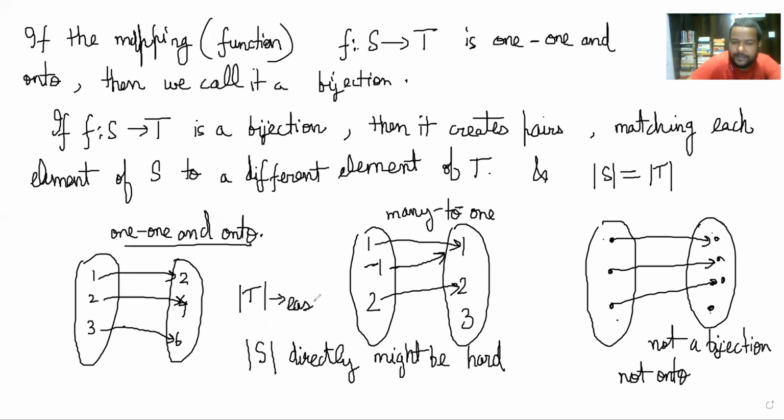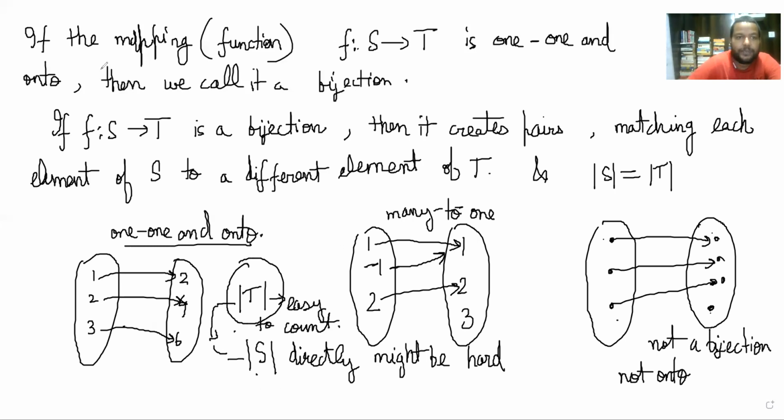So all you have to do is to establish a function from S to T and to prove that the function is 1-to-1 and onto. Then you can say that the number of elements in S is equal to the number of elements in T, right? Once they are equal, you can just count the number of elements in T and that is your answer, right?